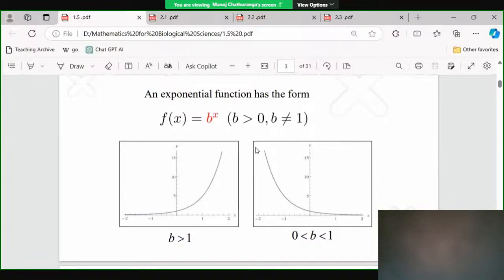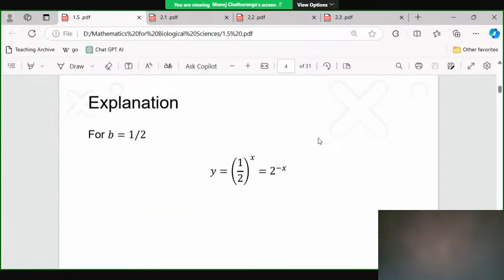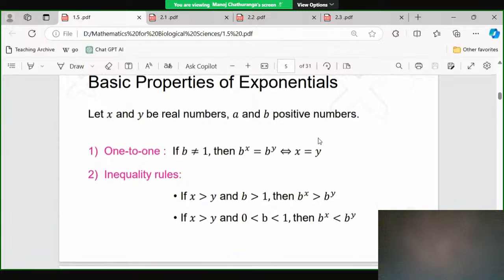So this is not only a graph of a function, but the exponential function is one-to-one. So that is important. If b to the power x equals b to the power y, then x equals y. That is how we define one-to-one.